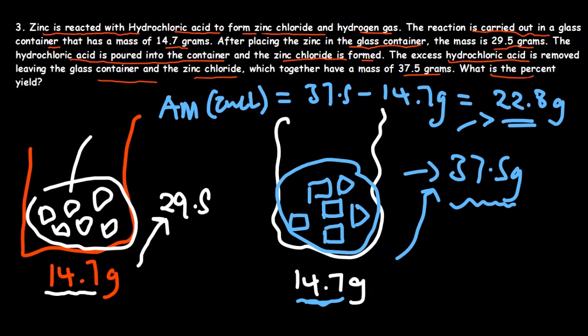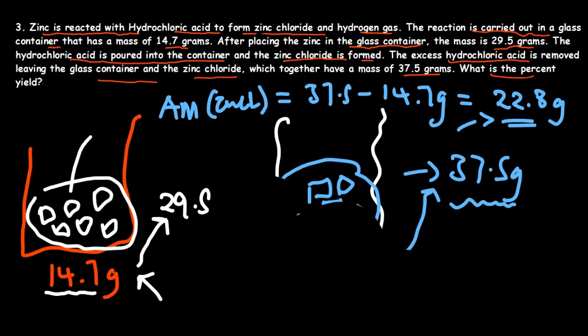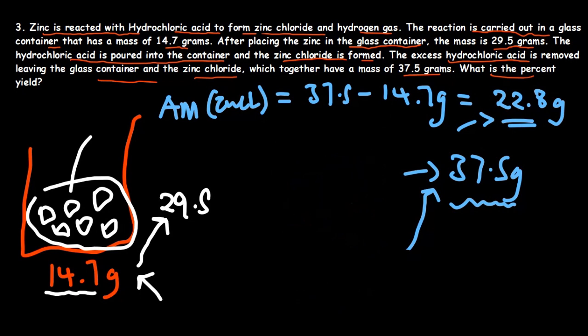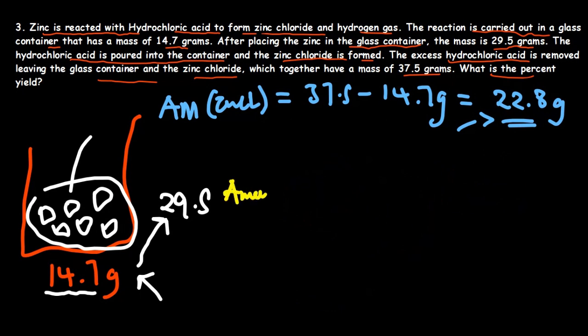Okay, we use this guy that we can see here. First of all, we are going to find out how much zinc was in this experiment. So to find out the amount of zinc, we are going to subtract the mass of the zinc and the container minus the mass of the container. So the amount of the zinc initially in the reaction is just equal to 29.5 minus 14.7.